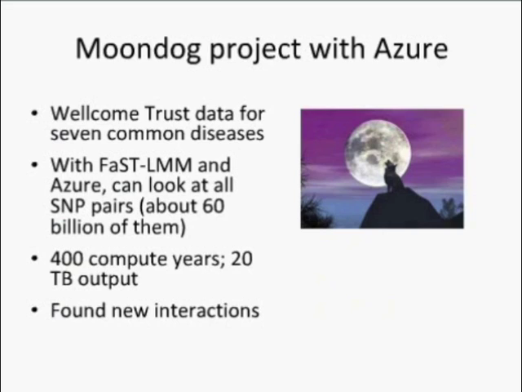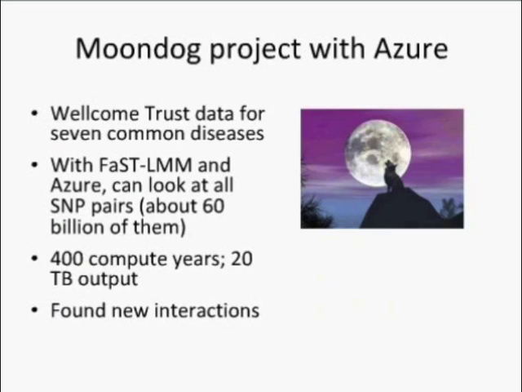We were able to look not only for associations between single genetic markers and whether or not you have the disease, but also for interactions between these genetic markers, what are sometimes called SNPs, or single nucleotide polymorphisms.